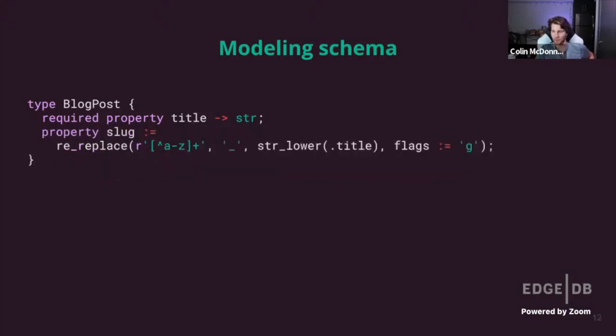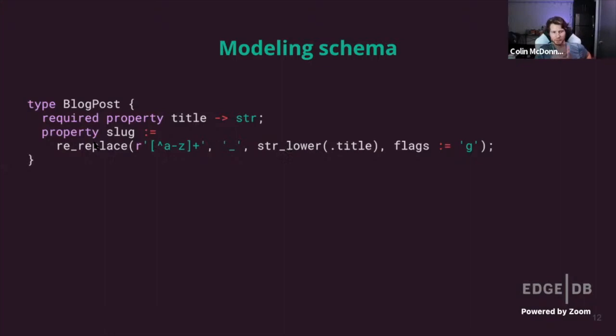Another thing here, we're showing off computed properties. We've got that same blog post with the title, and we're generating this slug, which is what's going to be used in the URL of our hypothetical blog CMS. So we're going to take that title. What this str_lower function does is, as it sounds, it takes the title and converts it all to lowercase.